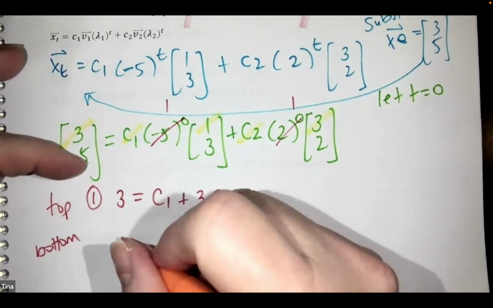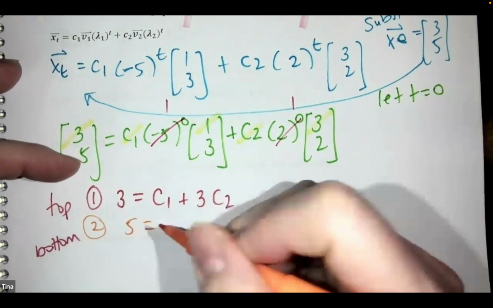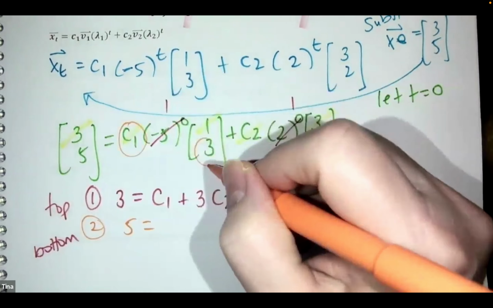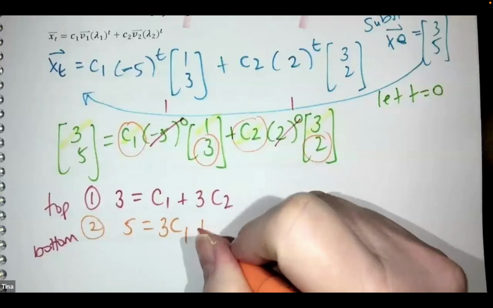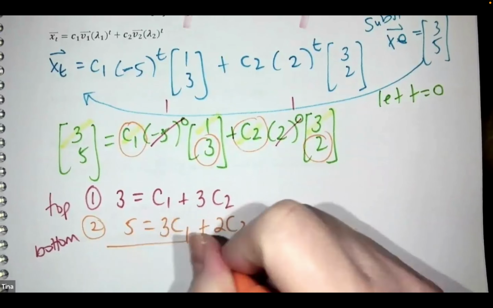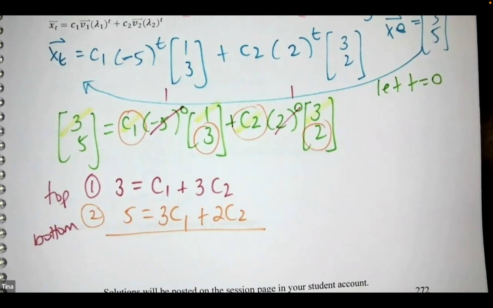So it would be -5 equals c1 times 3, so 3c1 plus c2 times 2. And your job is to solve for c1 and c2.